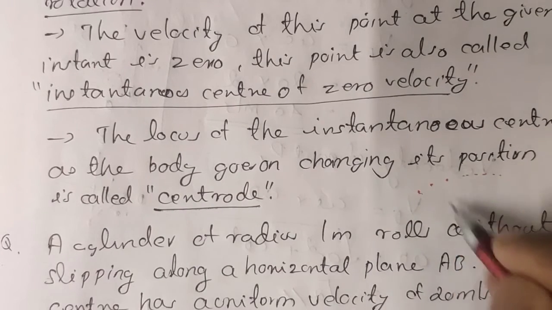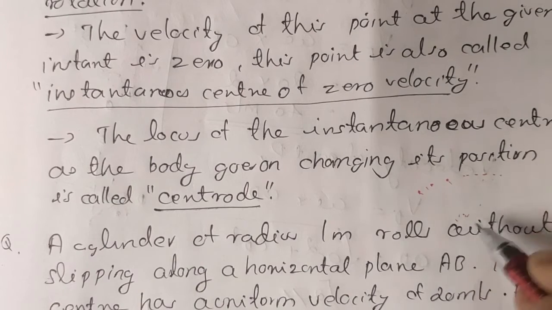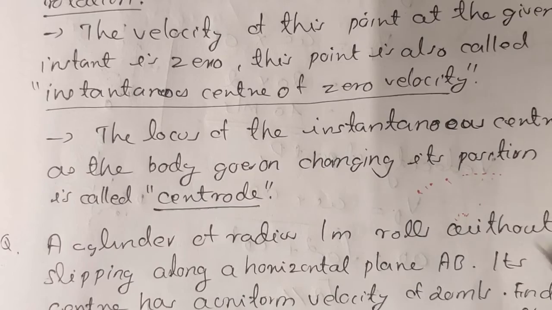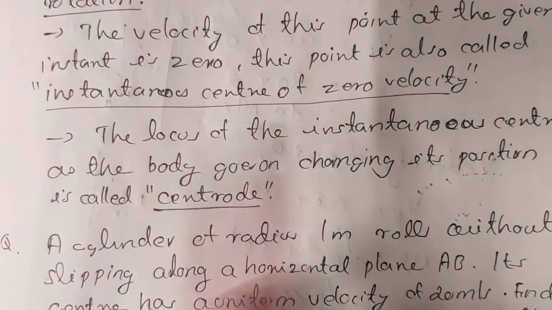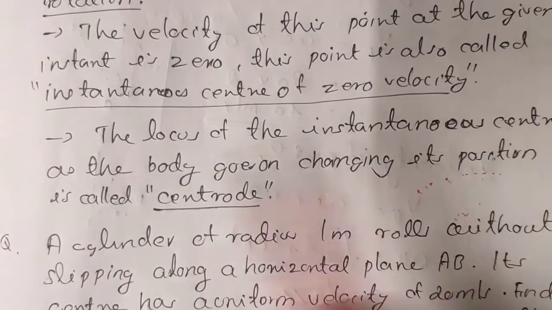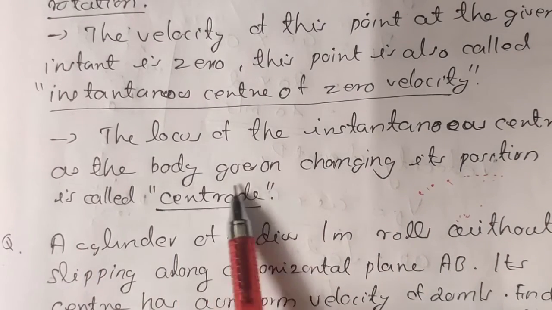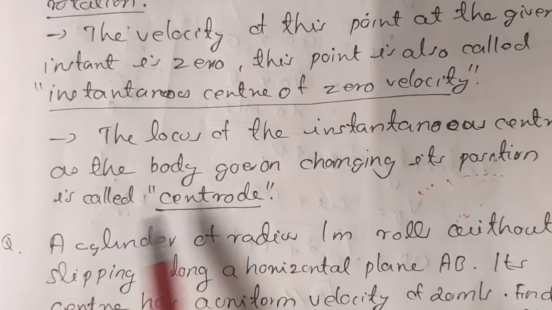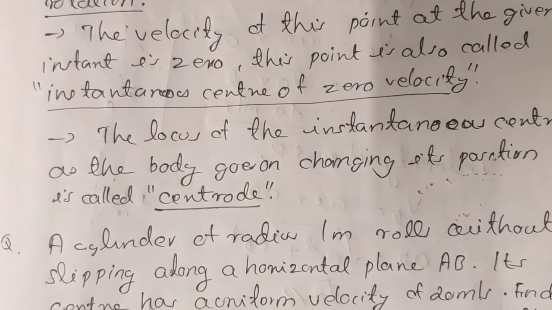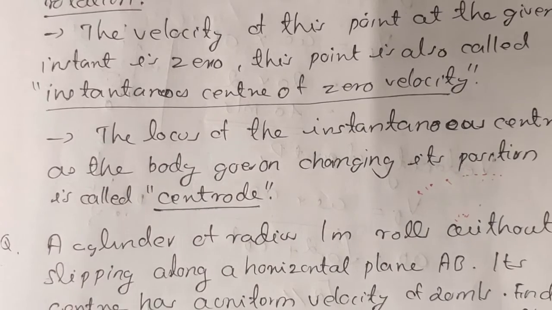According to one point it's changing, that is called centrode. Once more, the locus of the instantaneous center as a body goes on changing its position is called centrode. These are the terms we want to be familiar with, and then we can come to the problems.